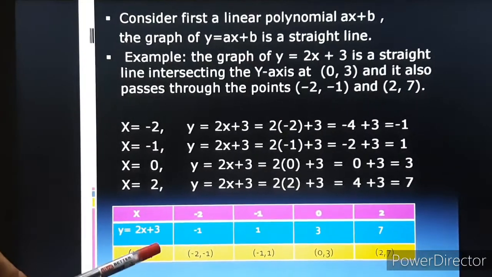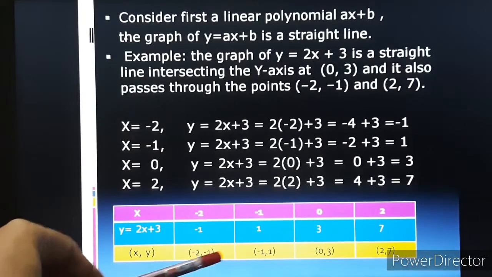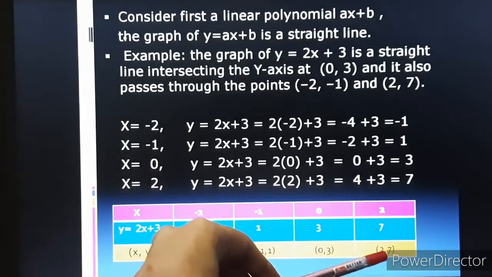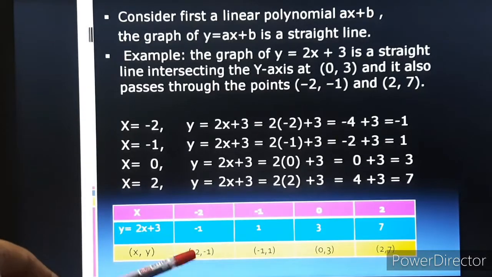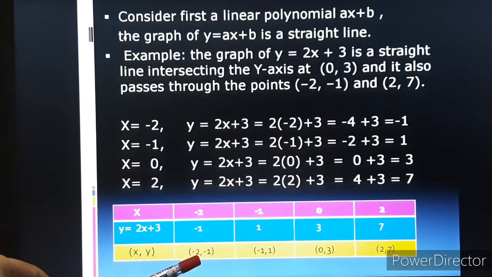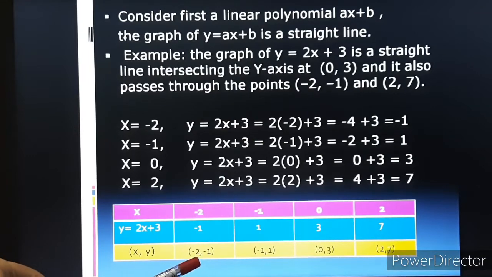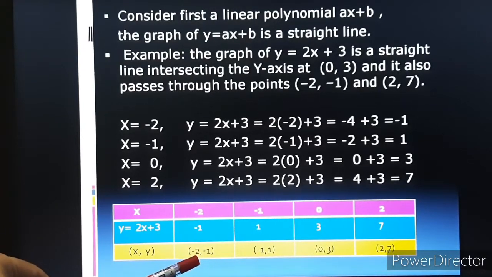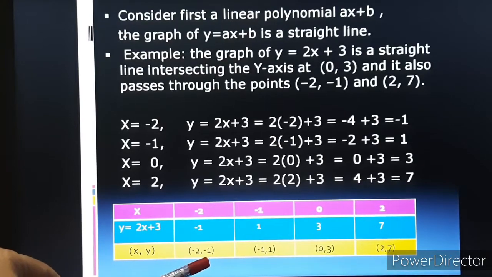So here we have (-2, -1), (-1, 1), (0, 3), (2, 7). As you all know, this is the x coordinate and this is the y coordinate, and we call the x coordinate the abscissa and the y coordinate the ordinate, right? So this minus 2 is the x coordinate, minus 1 is the y coordinate, right?